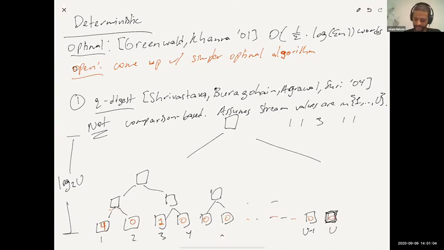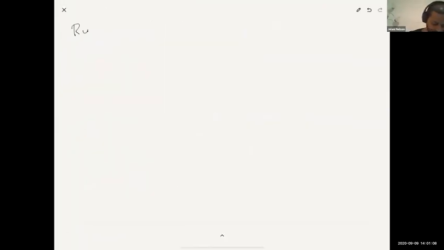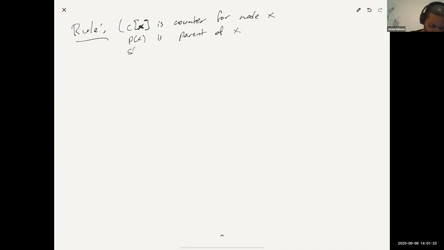What do I do? I'll have a rule for myself. First of all, C of X is the counter that corresponds to node X. Let's say P of X is the parent of X, and S of X is the sibling.